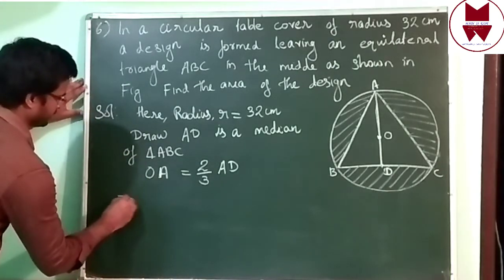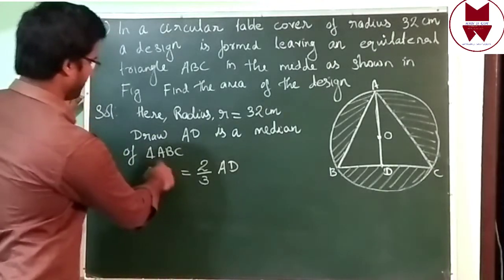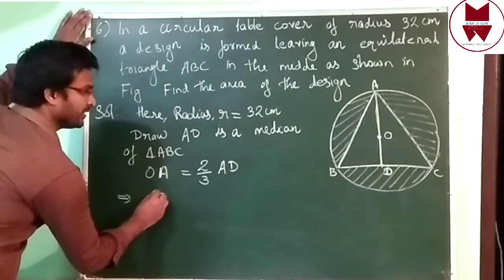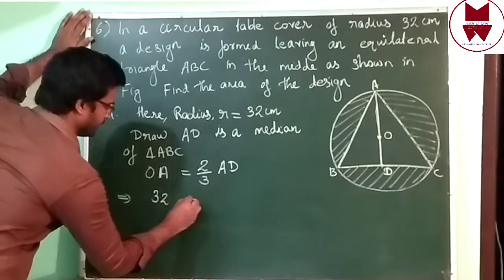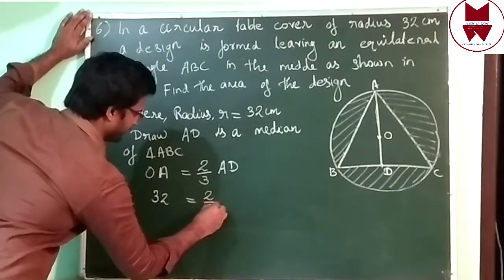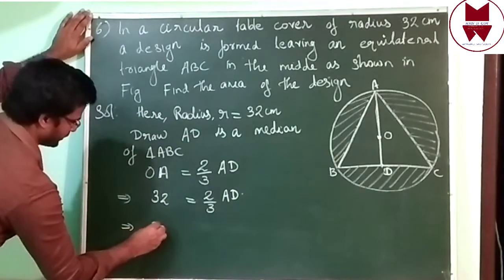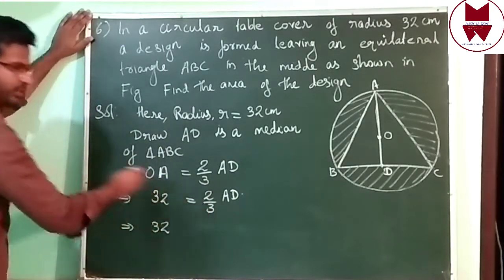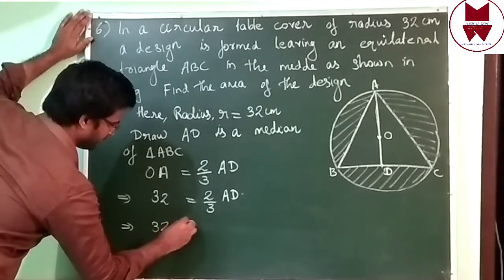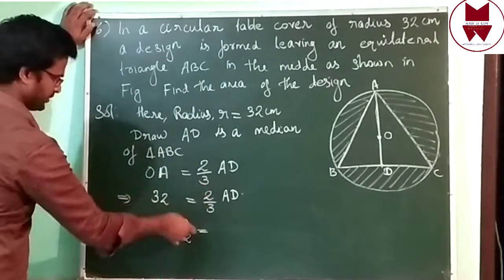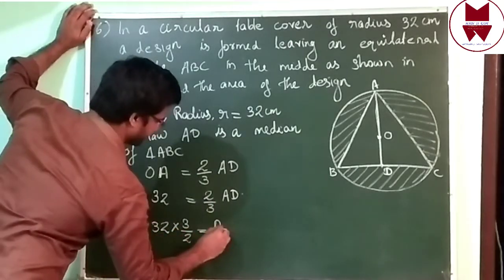OA means radius, isn't it? The radius given is 32. We can write 32 equals 2 by 3 AD. Bring the 2 by 3 to the left side and it becomes 3 by 2, upside down.